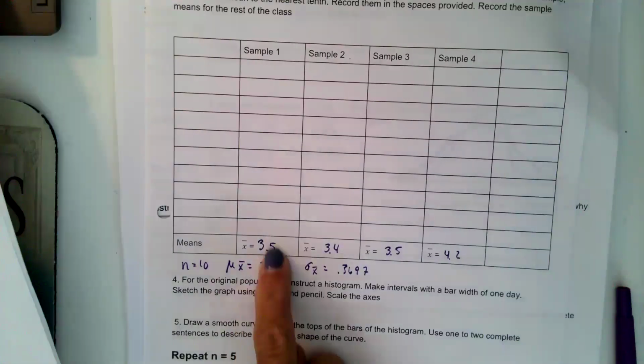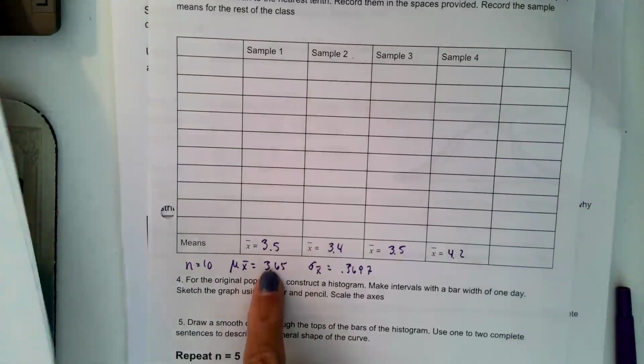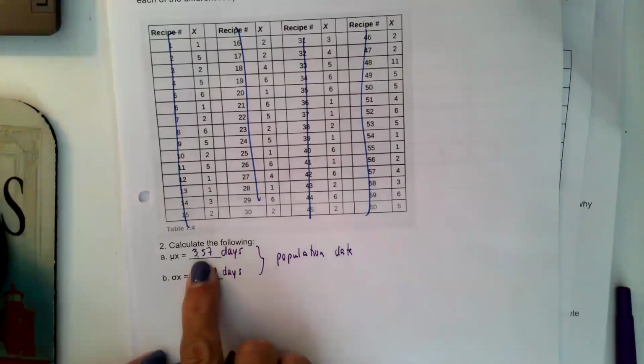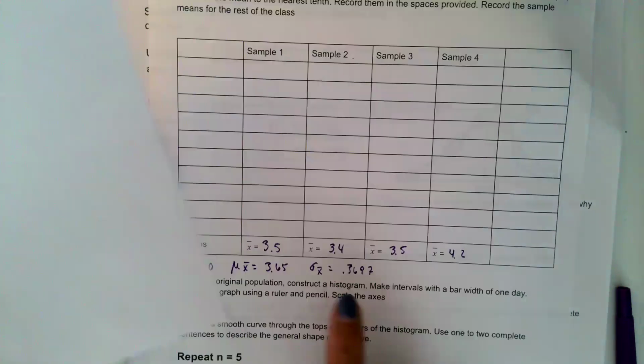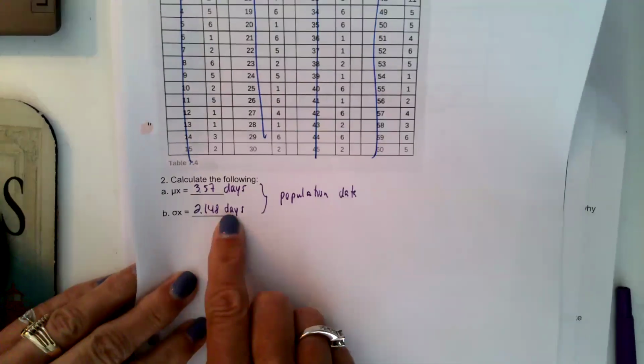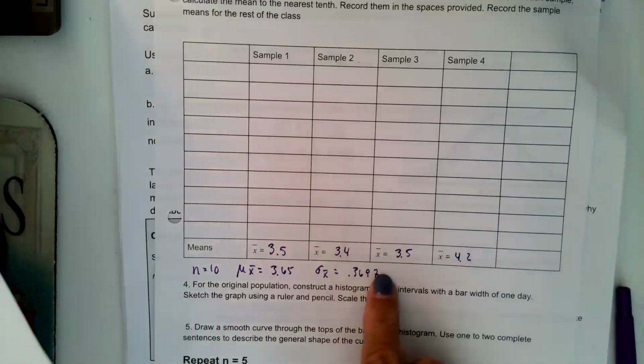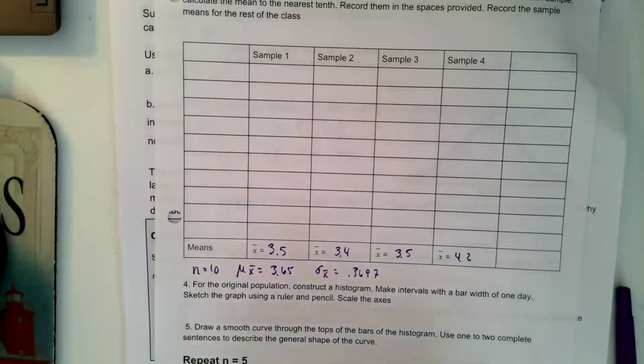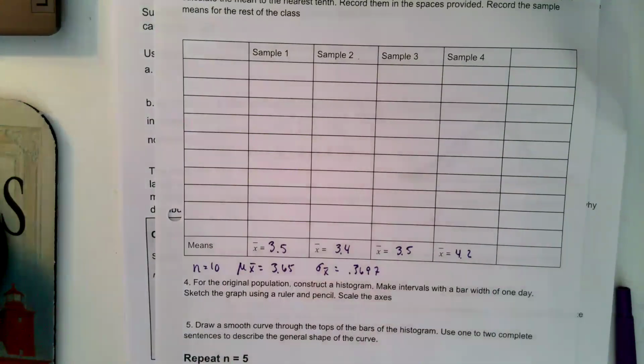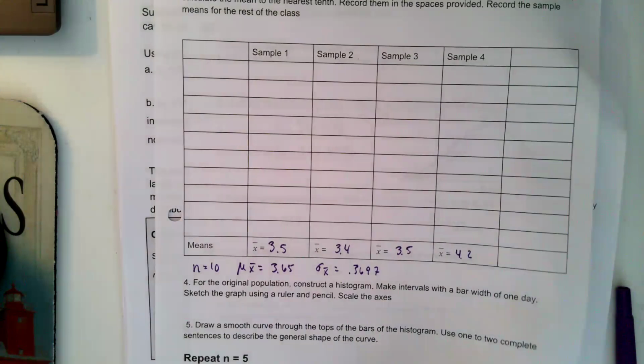The mean of all of these averages was 3.65, pretty close to 3.57. However, the standard deviation went from 2.148 days to only 0.3697 days. So the standard deviation between the samples became very much reduced.